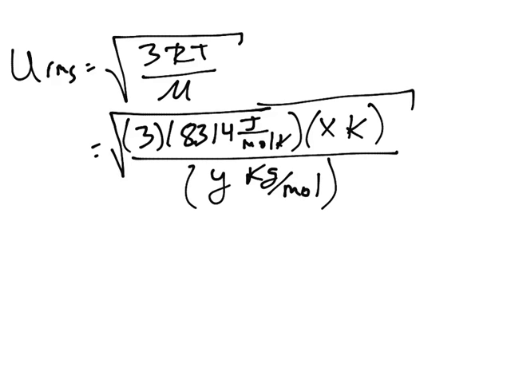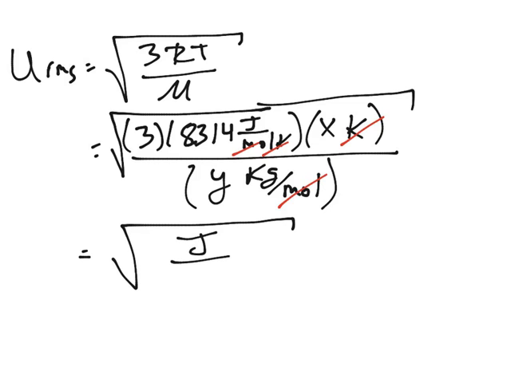Don't worry about the X and the Y, it just represents any number. It's a variable. So we see that the Kelvin will cancel, and the moles will cancel. But then we're left with the square root of, don't worry about the number, joules over kilograms.